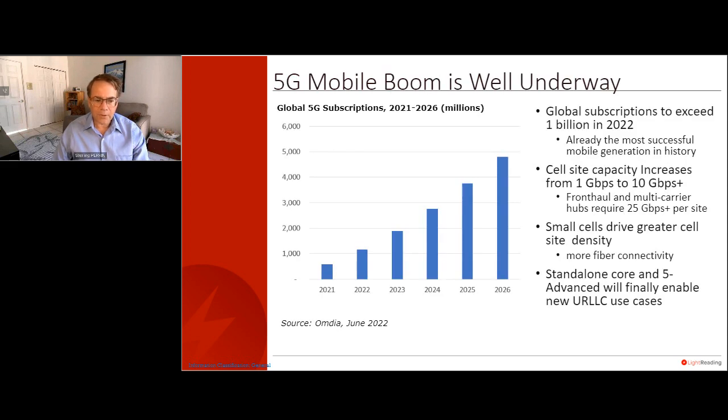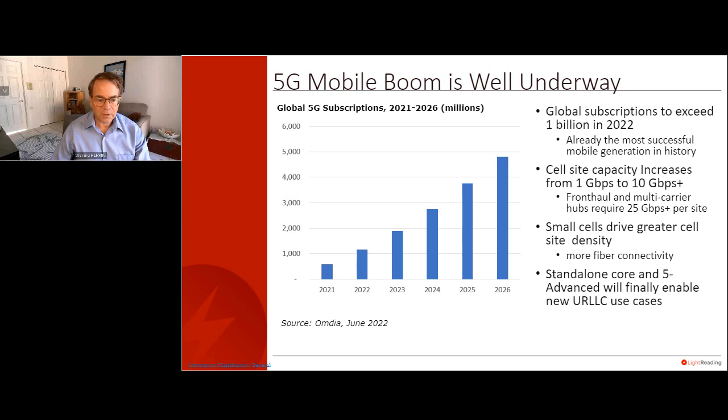In terms of drivers, really the drivers for the edge and the aggregation really start in the access network. And from the access, there's really two dimensions. There's the mobile access and the fixed network access. So I'll go through both of those, starting with mobility. And the 5G mobile boom is really well underway at this point.